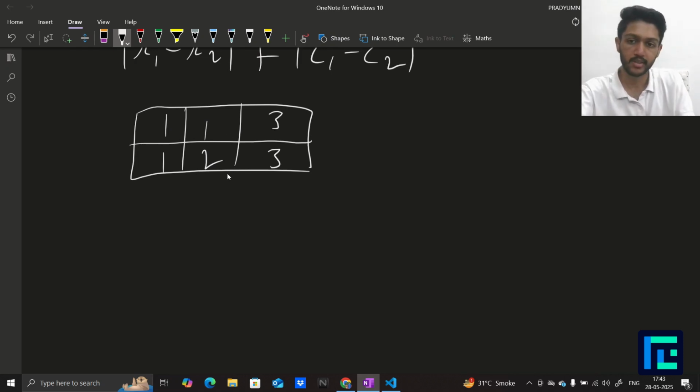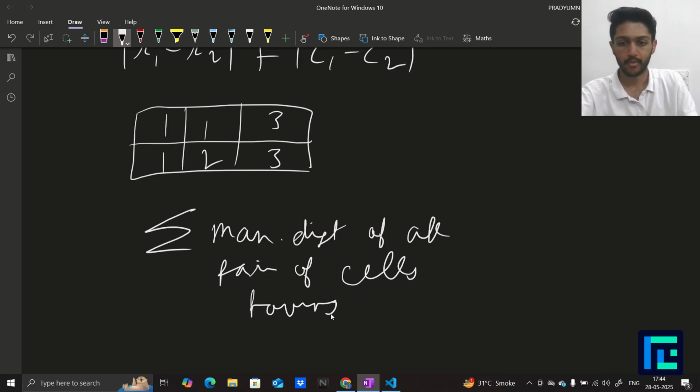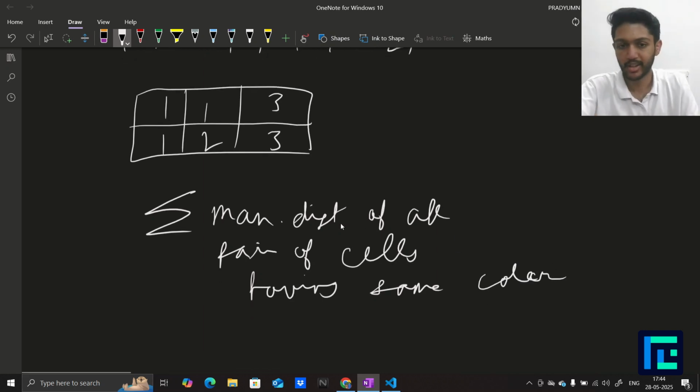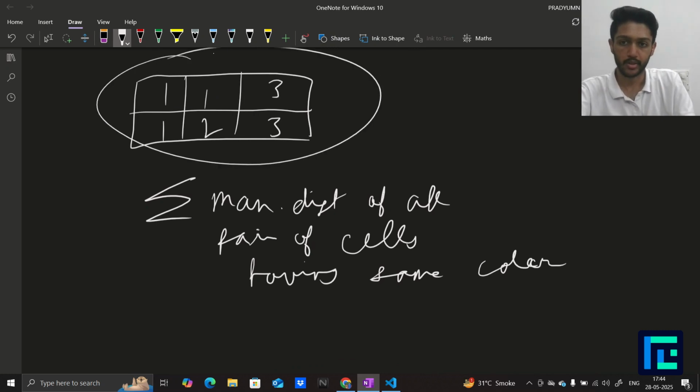So we have to find the sum of Manhattan distances of all pairs of cells having the same color. Just pardon the handwriting, I think you get it, like I am speaking also. So we have to find out the sum of distances.